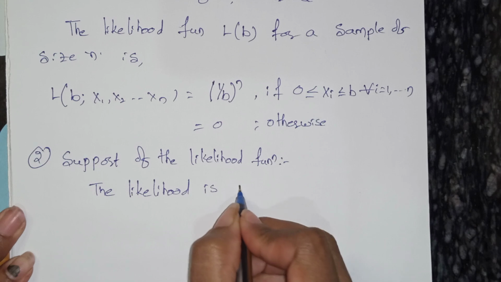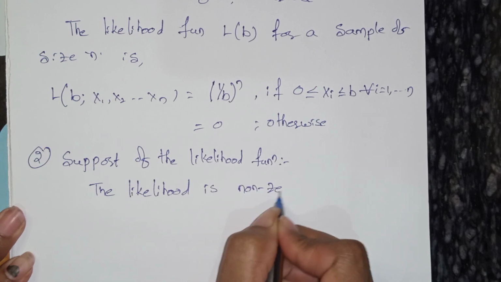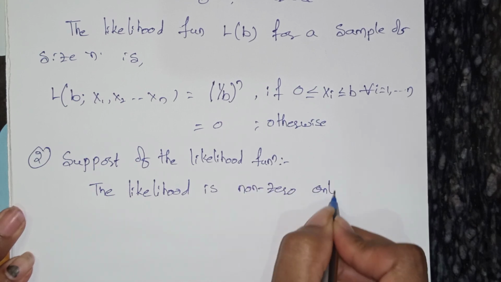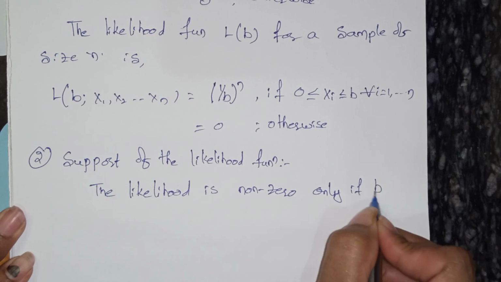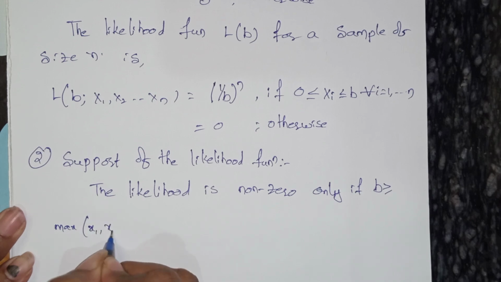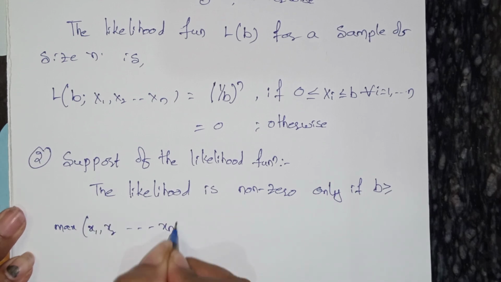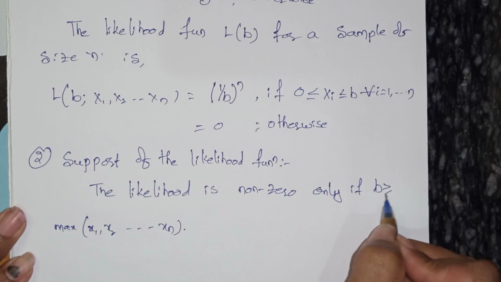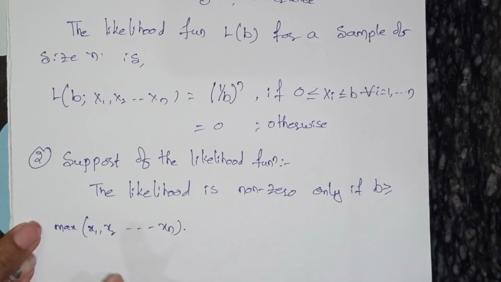The likelihood is non-zero only if b is greater than or equal to the maximum of x1, x2, and so on up to xn. So the b value will be greater than these maximum values.